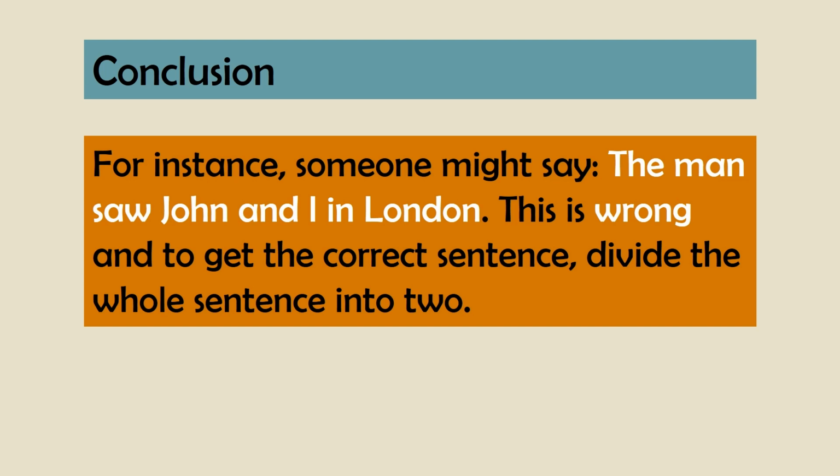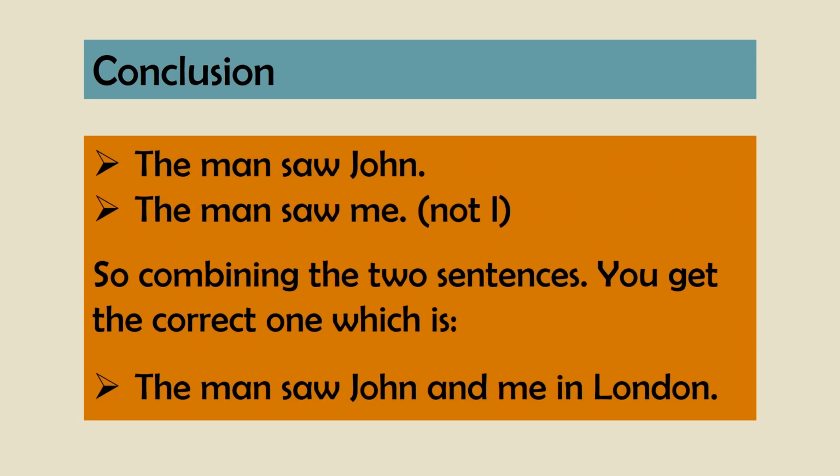This is wrong. To get the correct sentence, divide the whole sentence into two. The man saw John. The man saw me, not I. So combining the two sentences, you get the correct one, which is the man saw John and me in London.